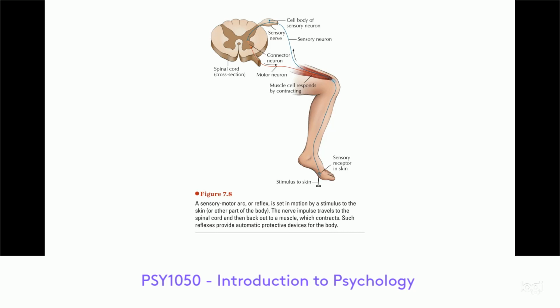So here it's showing a stimulus to the skin on the foot. It's going up into the spinal cord and directly back into the leg, the muscle in the leg, to remove our foot off of that.